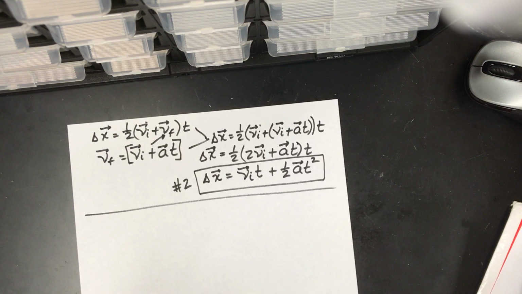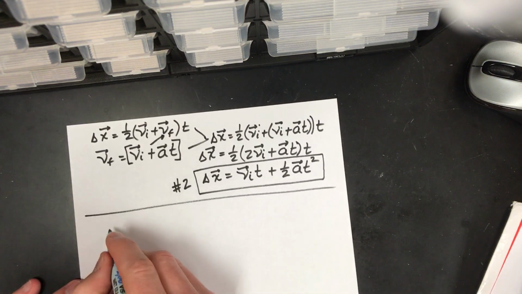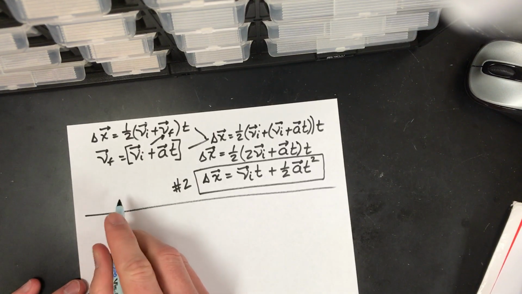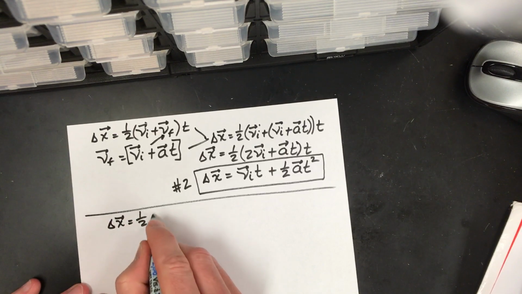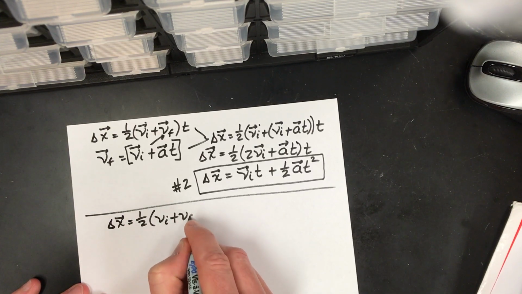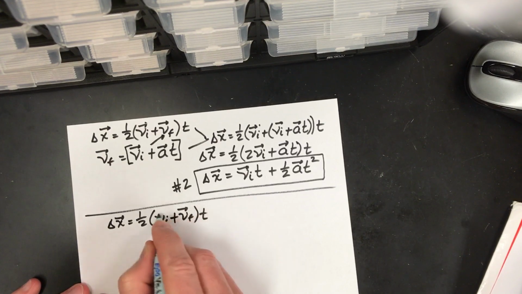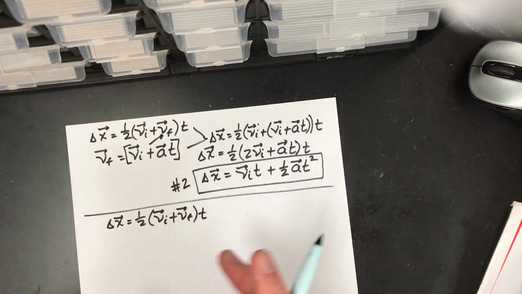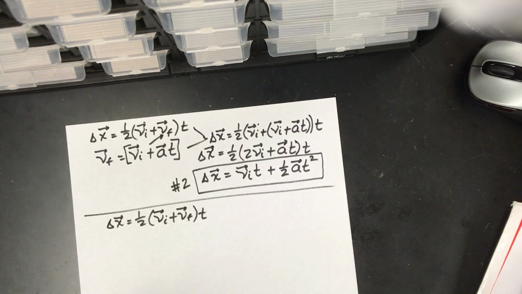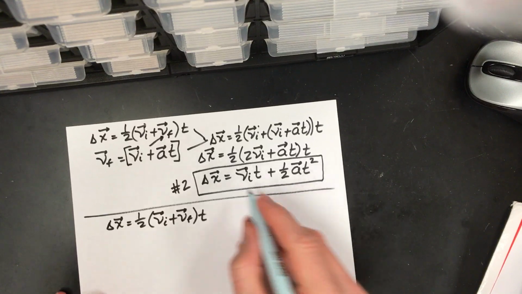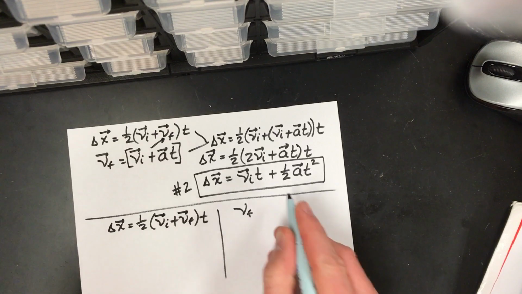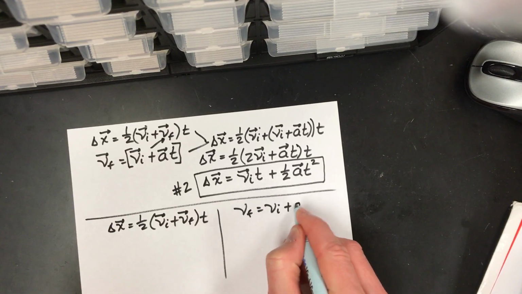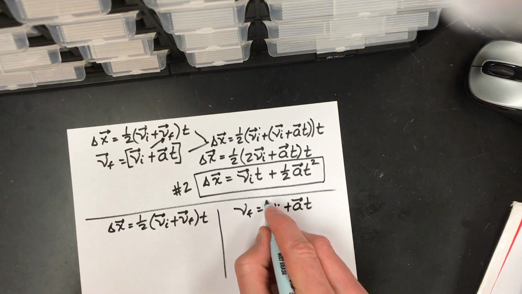So for the final one, again, we're going to start with the average velocity equation. So we have delta x equals 1/2 Vi plus Vf times t. And then we're going to substitute something. There are a couple of ways you can do it. I'll start with this. All right, hang with me for a second.